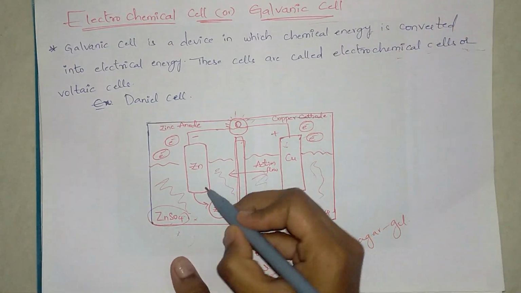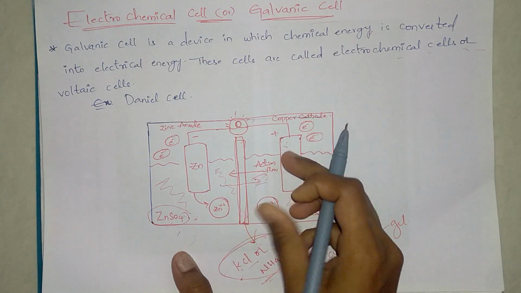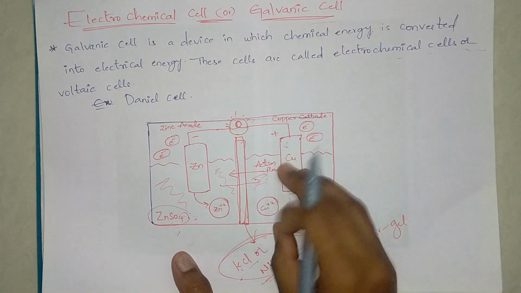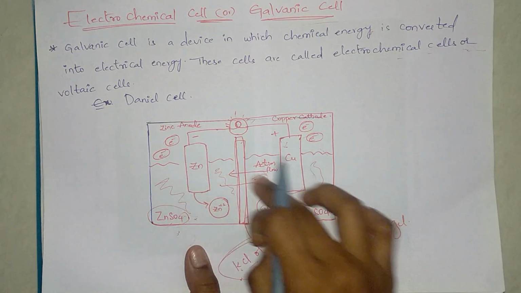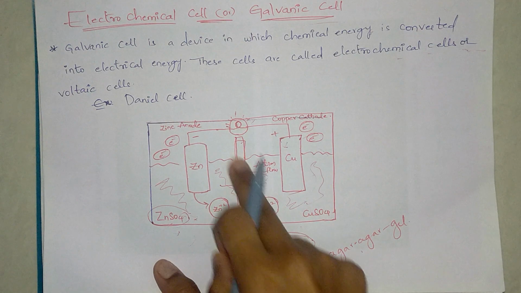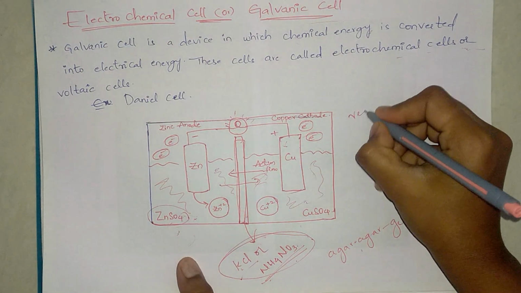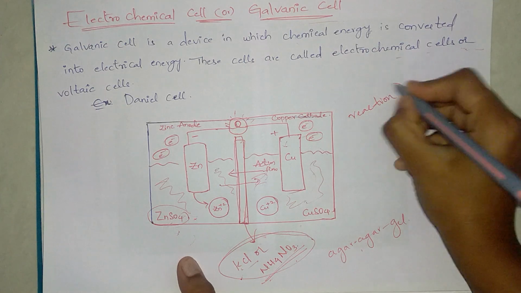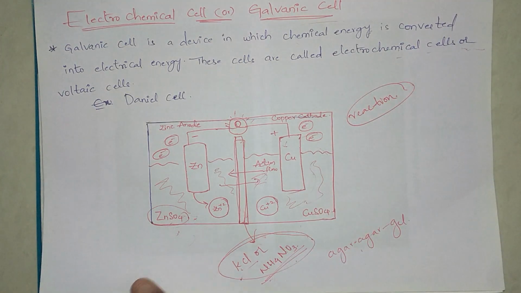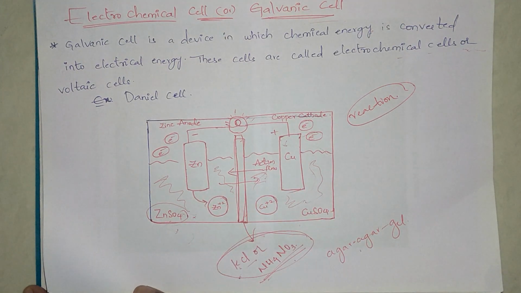When this electromotive force is produced, the bulb will glow. When zinc loses 2 electrons, it sends them across, and copper absorbs those 2 electrons. This happens continuously, not once, until the charges on both sides are balanced.